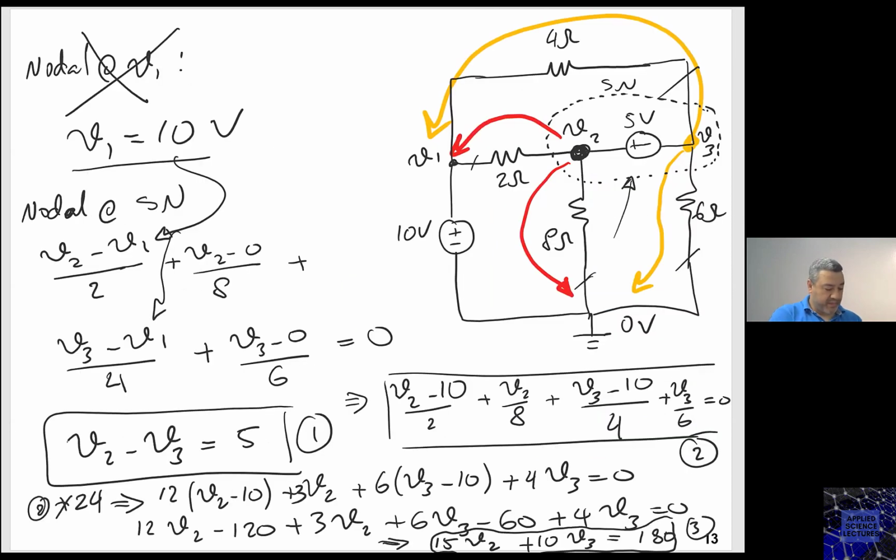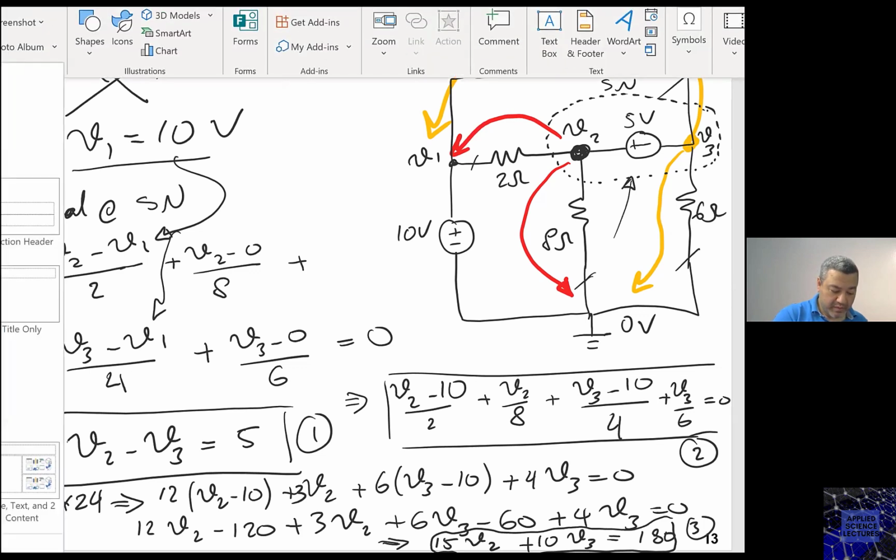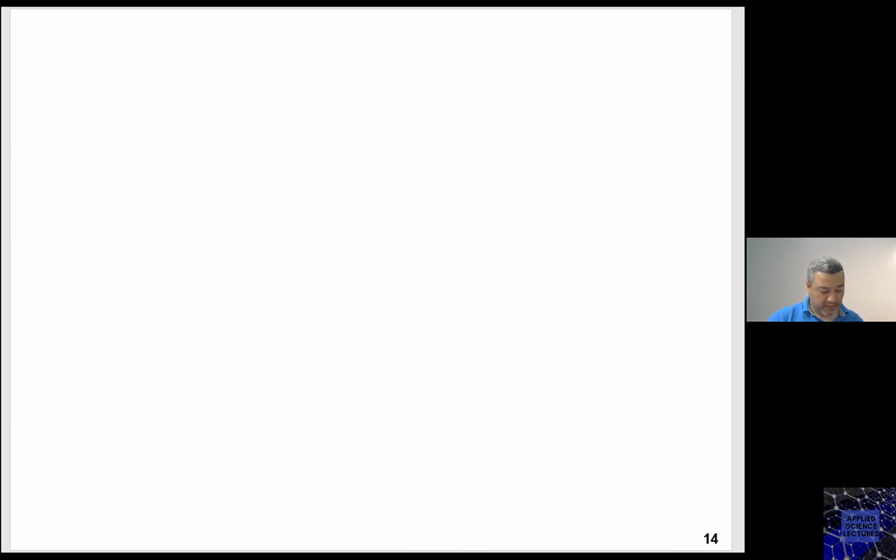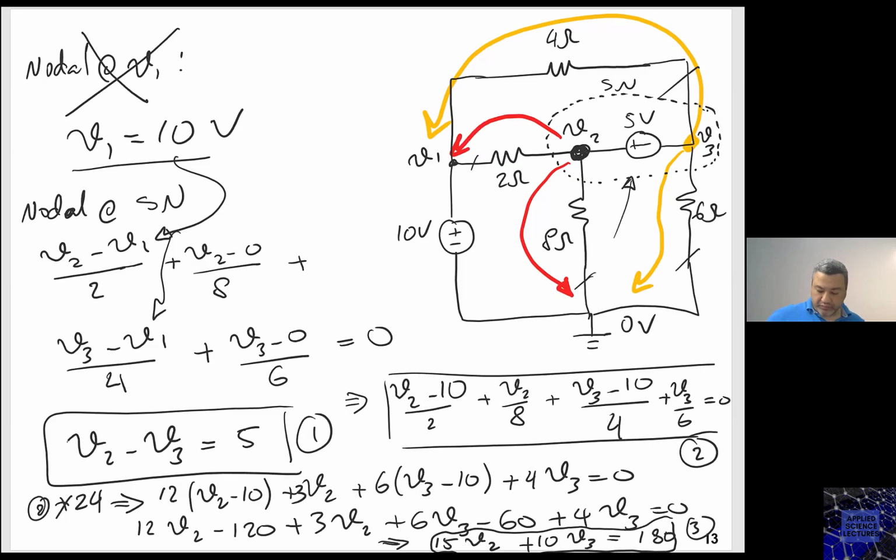Okay. So we have here 15 V2 plus 10 V3 equals 120, and V2 minus V3 equals to 5.